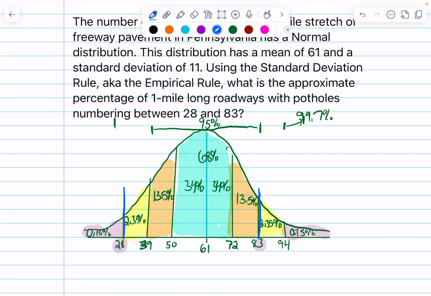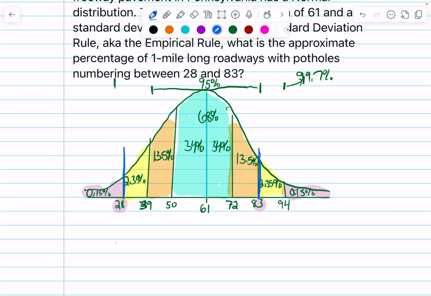From there, you just add up what all the percents are. So that's 2.35% plus 13.5%. And then I'm just going to say 68%, and then plus 13.5%, because the middle here is 68. So if you add that up, I gotta grab a calculator.